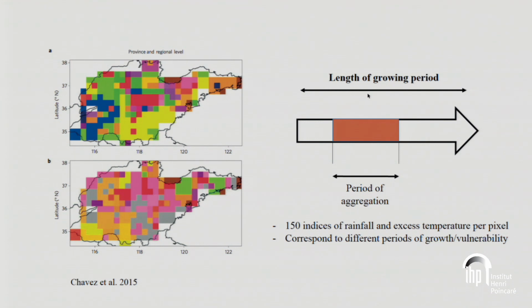If it's green, it means that precipitation variability drives yields if it occurs at the beginning of the crop season. If it's blue, it's rather at the end, and red rather in the middle. So essentially, we are exploring the statistical universe of weather variability and see how it affects the production.